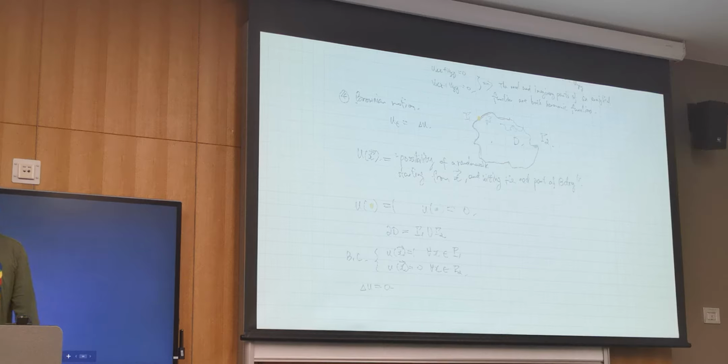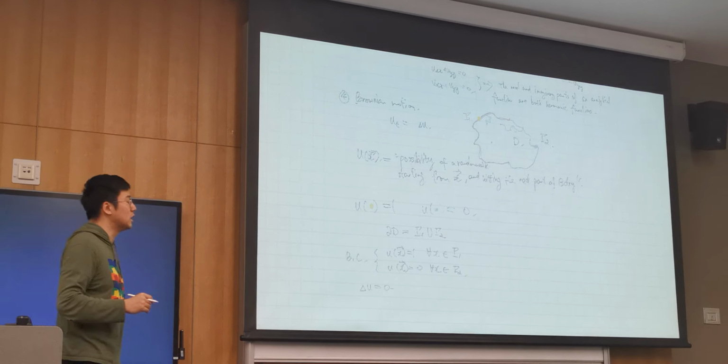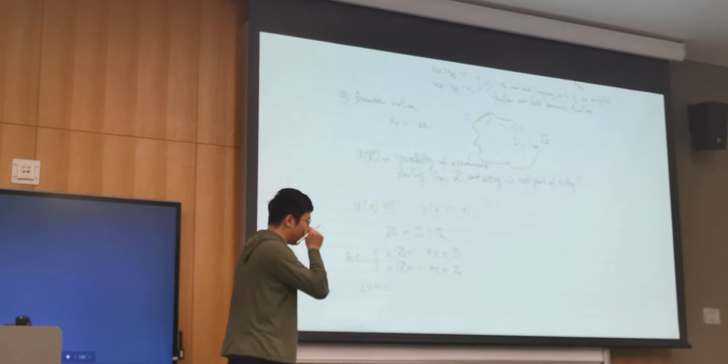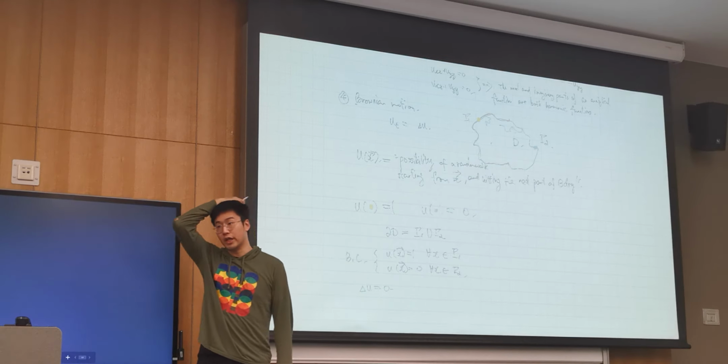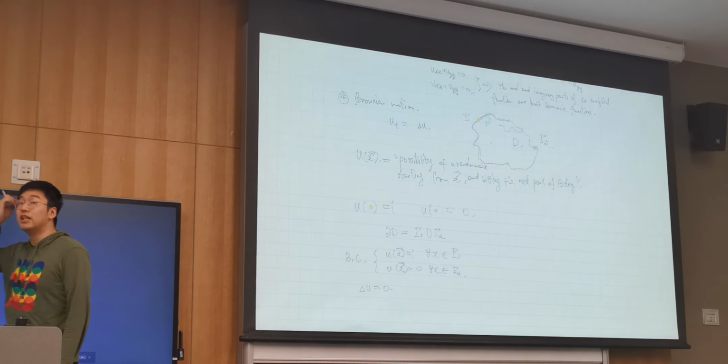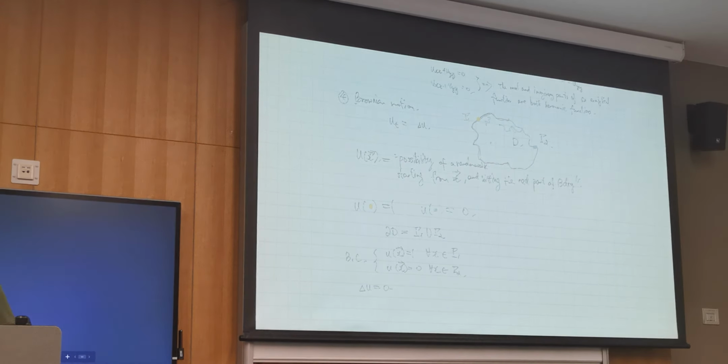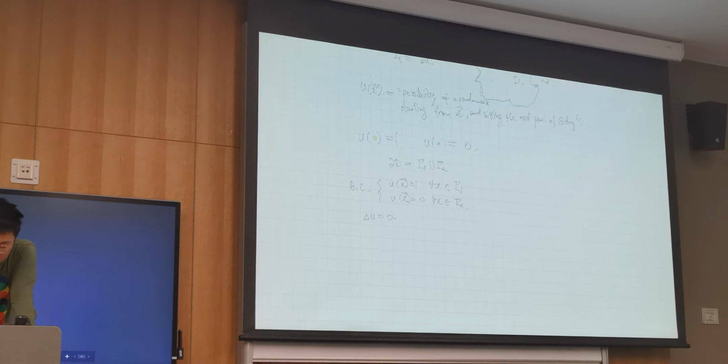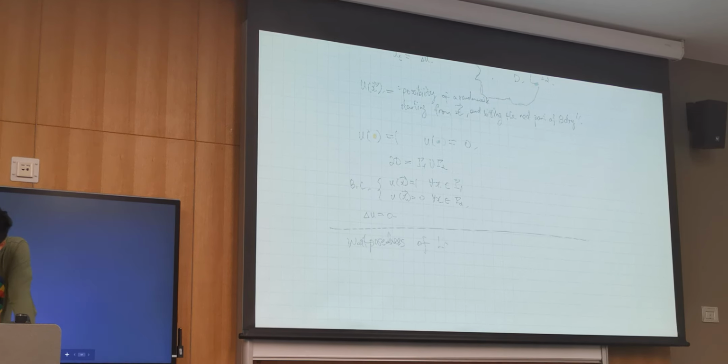But before we go there, just as what we have been doing for the heat equation, we'll first talk a little bit about the well-posedness of the Laplace equation and the Poisson's equation as well.